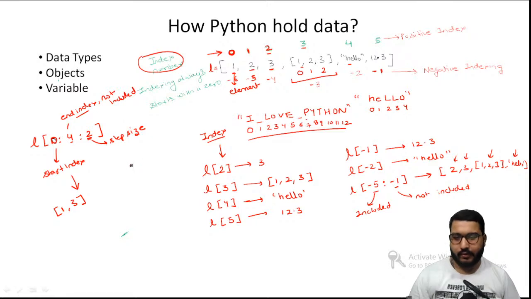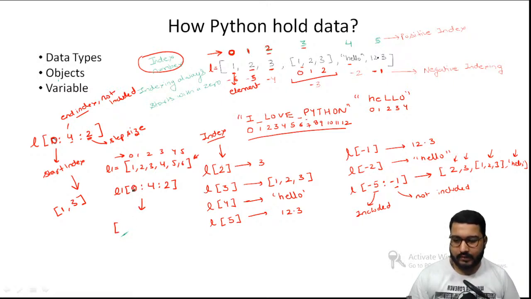Let's take one more example. Let's say I have a list 1 2 3 4 5 6, and this is L1, with index numbers 0 1 2 3 4 5. These are my index numbers, these are my elements. Now if I write L1 of 0 is to 4 is to 2, what will be the output? I will start from 0.